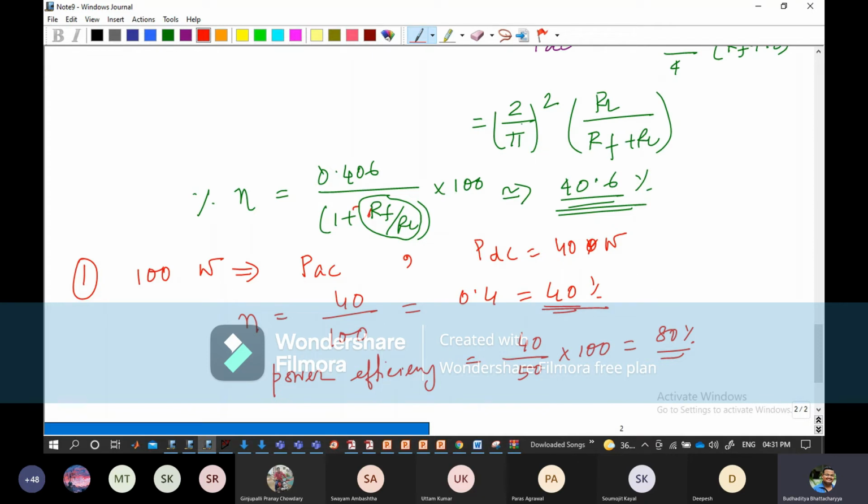Already from the 100 watt, 50 watt is gone, lost. So that is not taken into consideration at all. That's why the 40% rectification efficiency indicates that about 80% of power has converted. So this is just a small little example for that matter. All right, hopefully this part of discussion is clear for all of us.